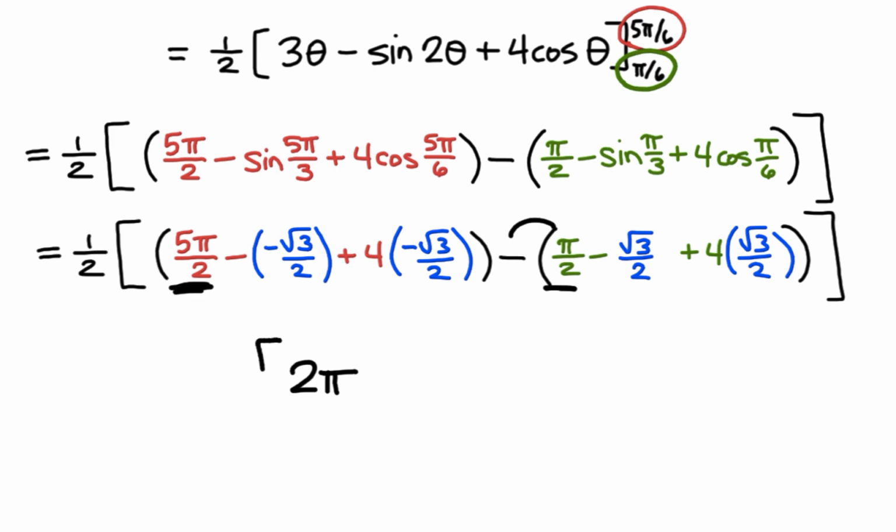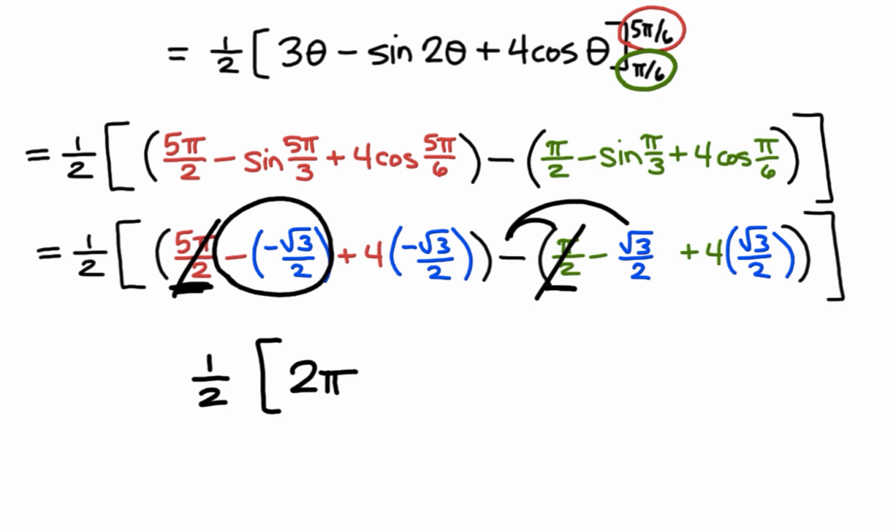Again, you still have your 1/2 in front. So those are out. You've got a positive rad 3 over 2. You have another positive rad 3 over 2. That's going to be rad 3. The 4 and the 2 will cancel. So this is going to be -2 rad 3.